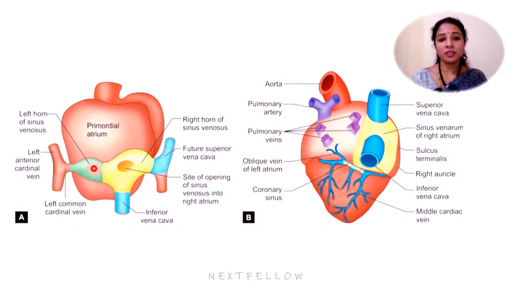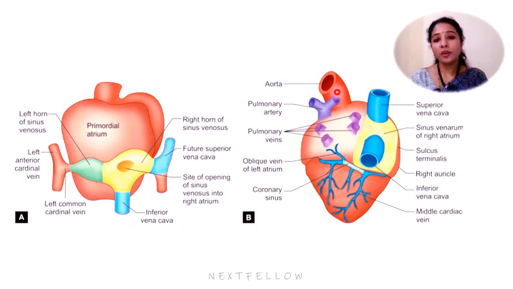This is from the left horn of sinus venosus, and the posterior part will form the posterior wall of the right atrium. We can see the opening of the superior and inferior vena cava here, and the pulmonary veins get absorbed into the left atrium here.